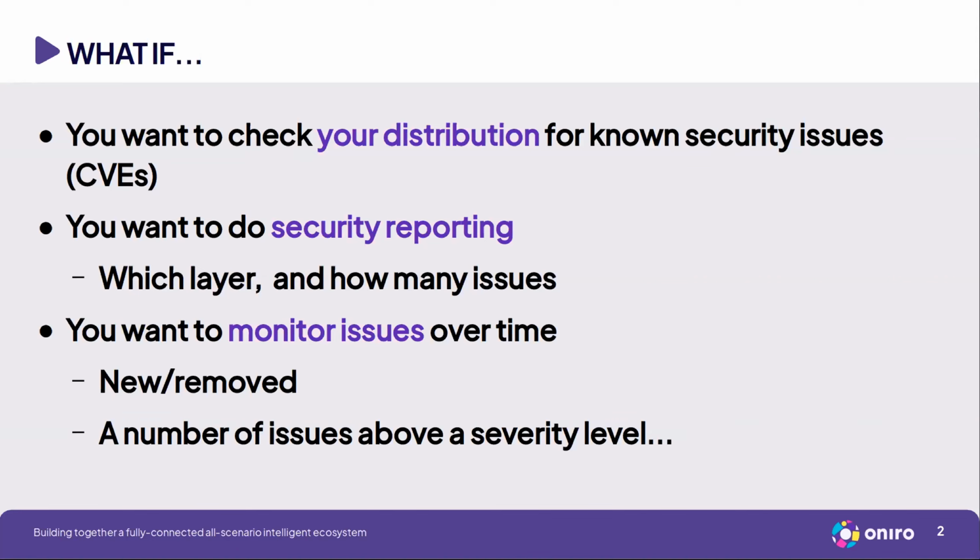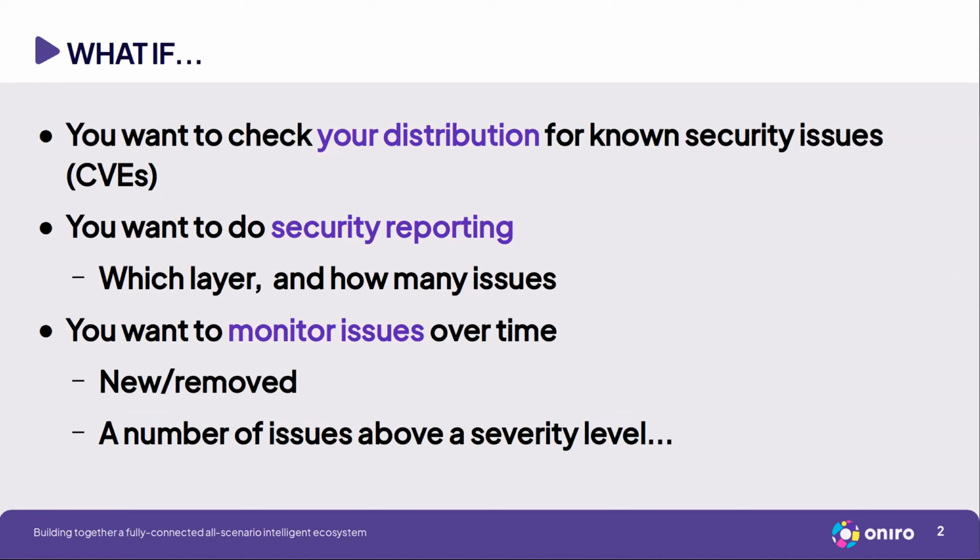Or someone requested you to do security reporting, including things like which layer has how many issues, and also later to monitor them over time, to tell how many new and removed issues you have, how many security issues are above some severity level. If you have had such questions, in fact, you have had the same questions as we have in Oniro.